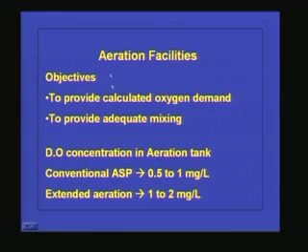So, whatever aeration facility you provide should be able to give this dissolved oxygen concentration in the system. When we talk about aerators, the aeration itself is very important, and how the air is transferred from the atmosphere to the water.